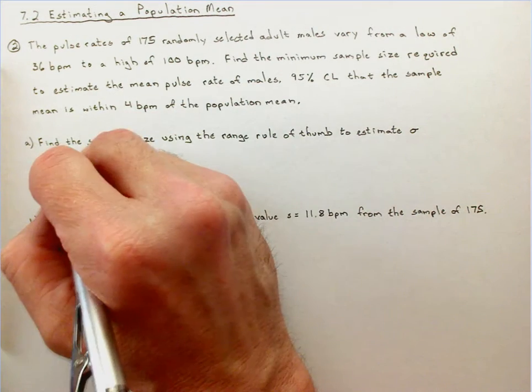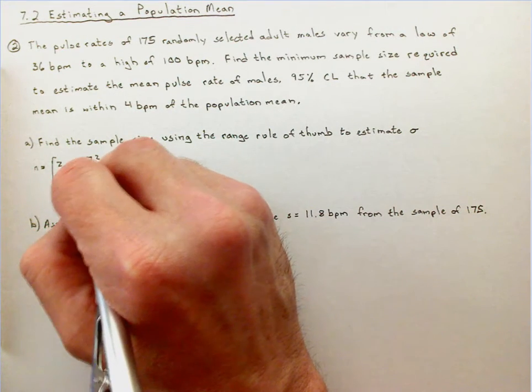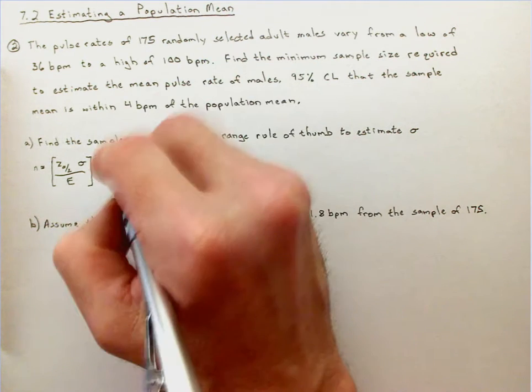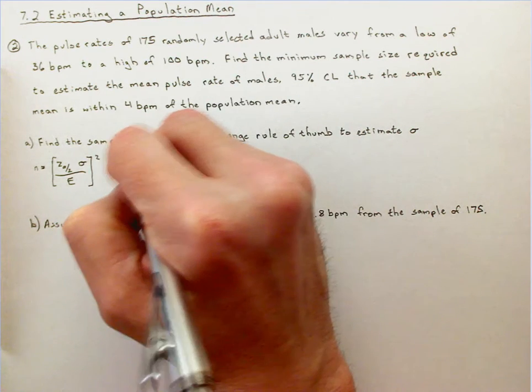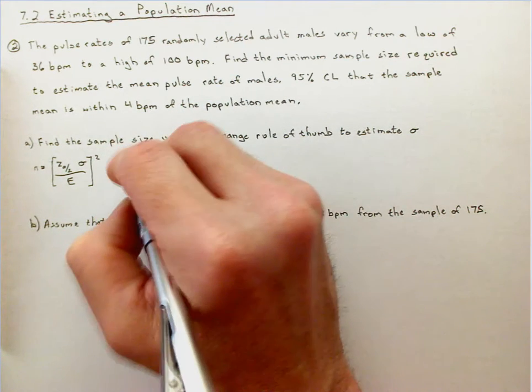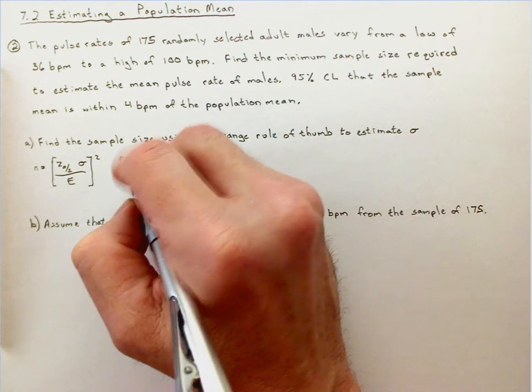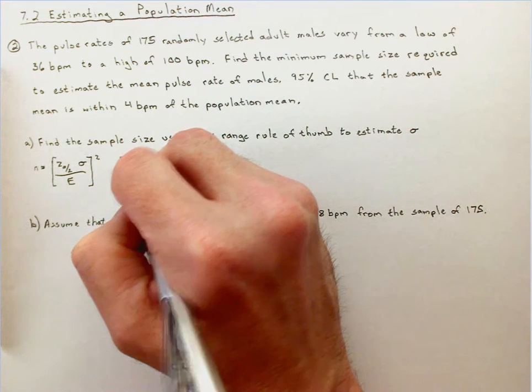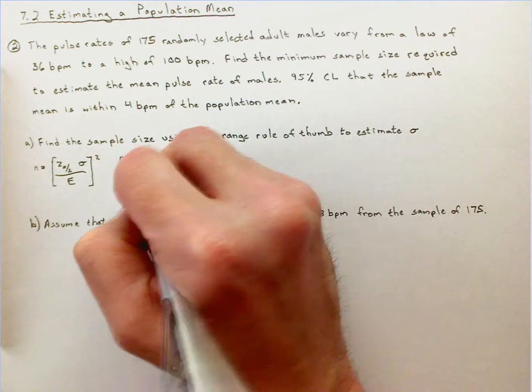Well, I know I need to find this. I don't know this. My margin of error is what I know. I know N. N equals 175. I know E. E equals 4 beats per minute.